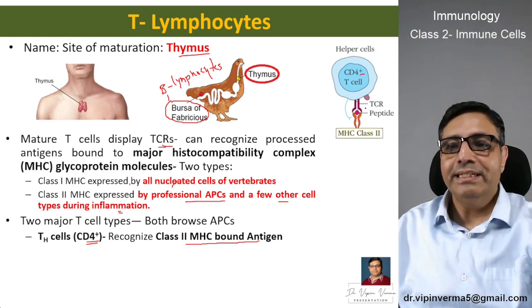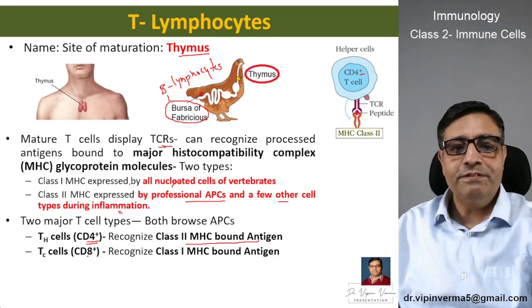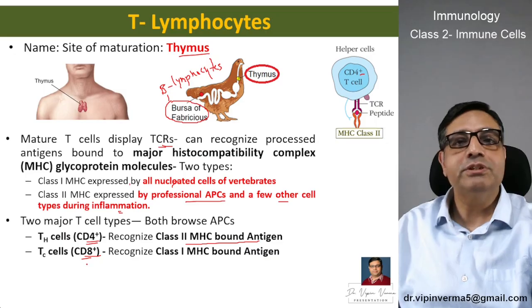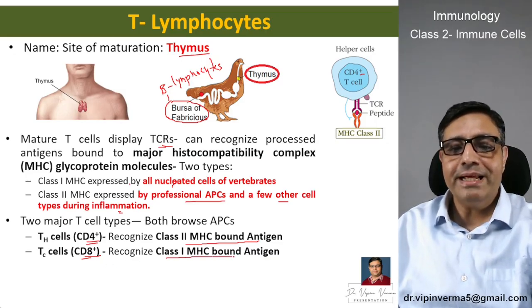So here is the TCR, and here the MHC class 2 molecule is presenting a peptide. The TCR is binding with the class 2 peptide complex, and this is the CD4 recognizing it. And in the case of TC cells, which are also known as CD8 positive cells or just CD8 cells, they recognize class 1 MHC bound antigen.